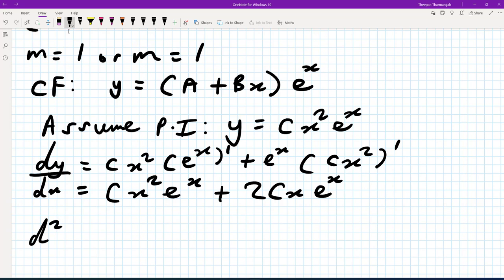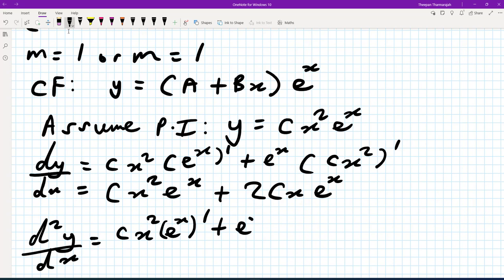Now, doing the second derivative, again I have to use the product rule quite a bit here, so it's going to be cx squared e to the x differentiated plus e to the x times cx squared differentiated.